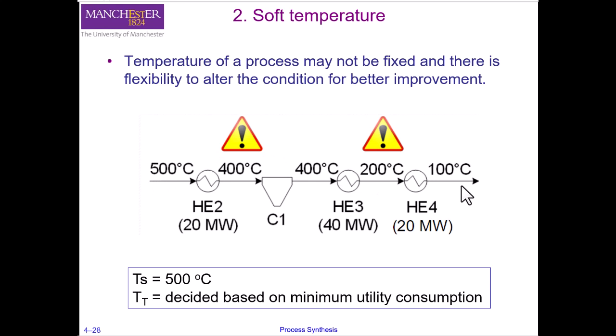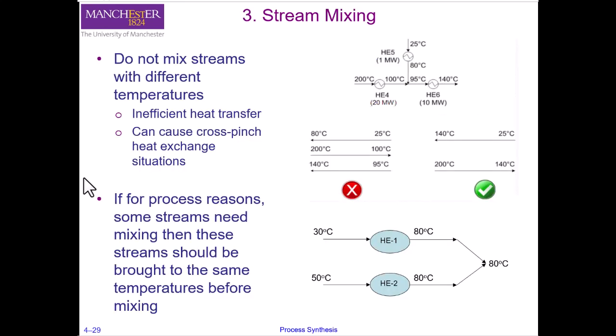The next rule is about stream mixing, which suggests that if you have two streams at different temperatures, we should not mix them. Here, for example, you have one stream coming in at 25 degrees centigrade that is being mixed into a stream coming at 200 degrees centigrade with a target temperature of 140 degrees centigrade.